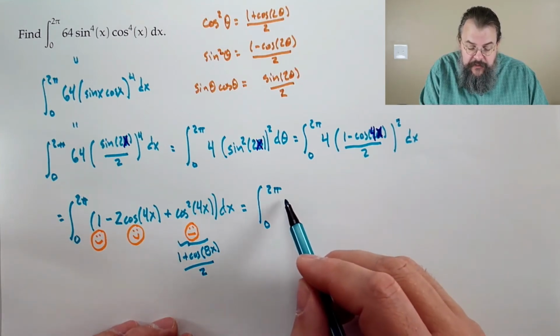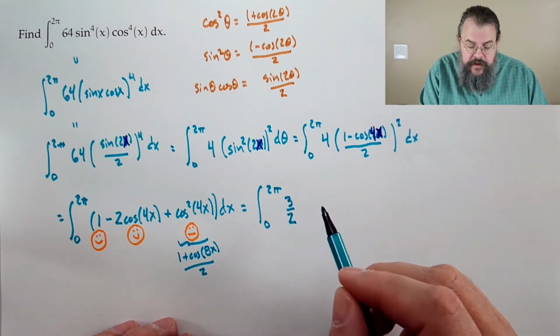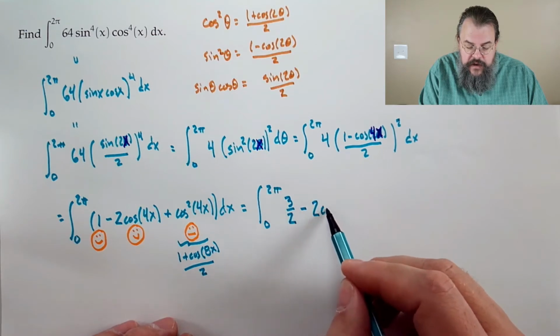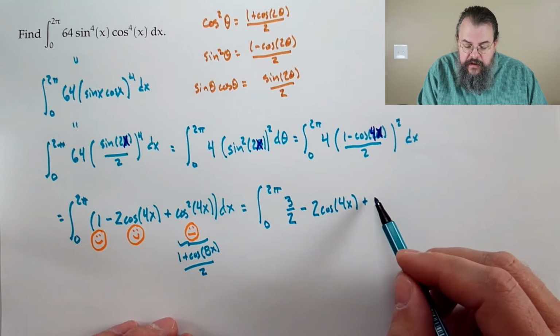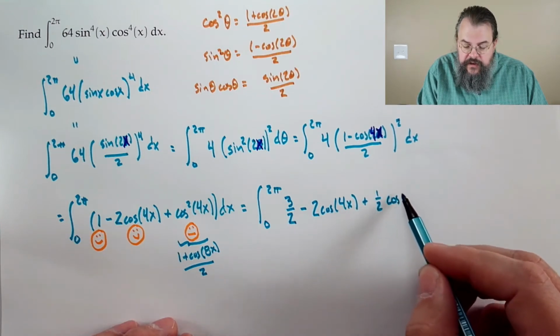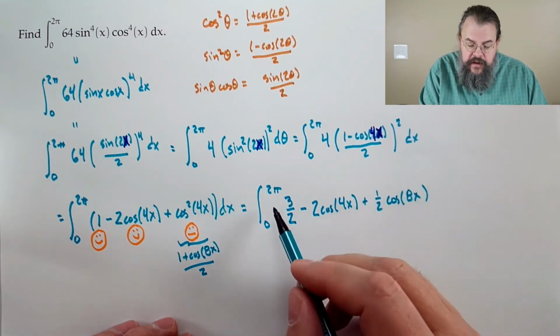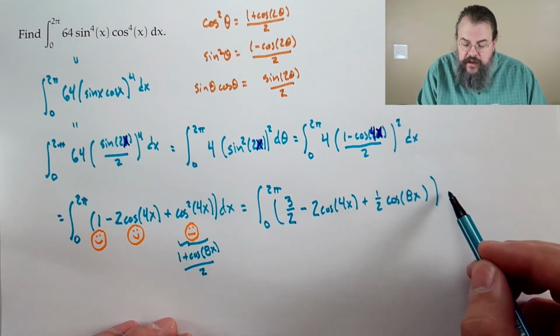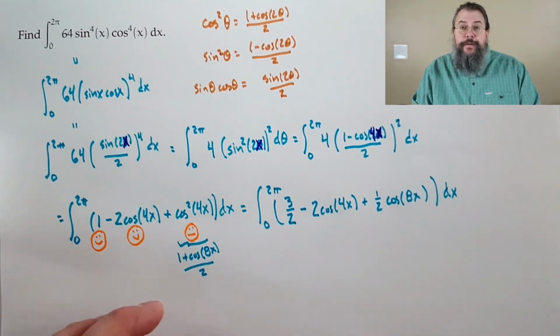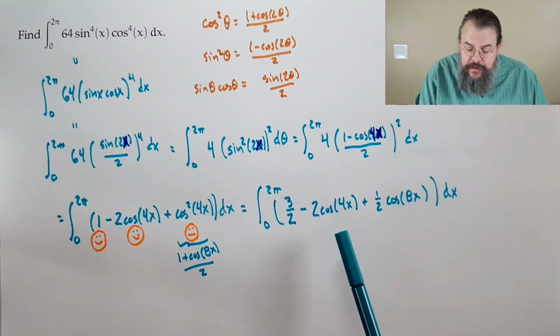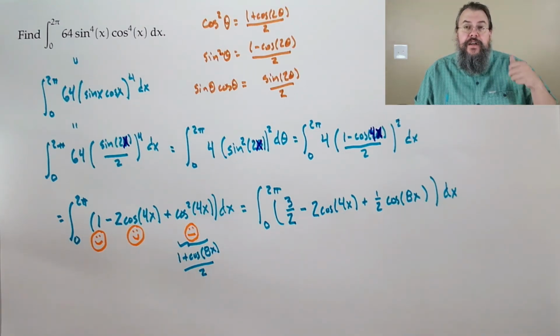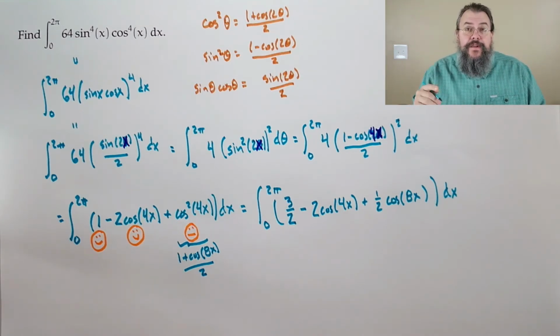So that would make it 3 halves minus 2 cosine 4x plus 1 half cosine 8x. And there we go. So we've done power reduction several times, and we've gone down. All of these terms now are just a single cosine, or even just a constant, which means we can integrate.